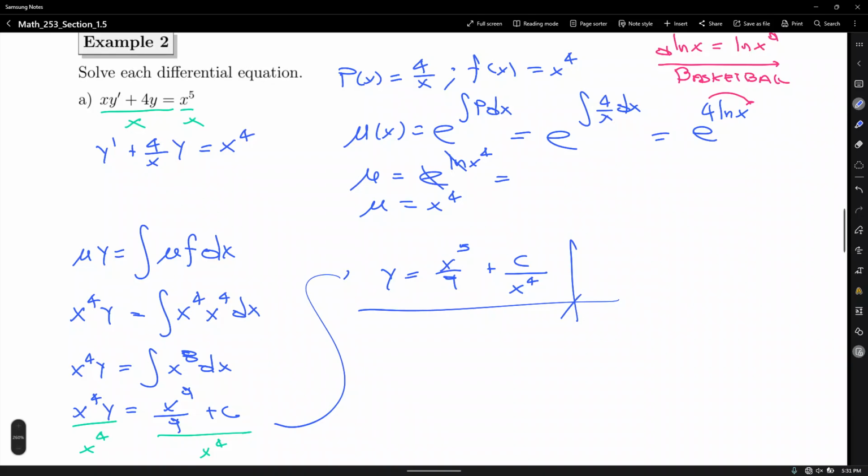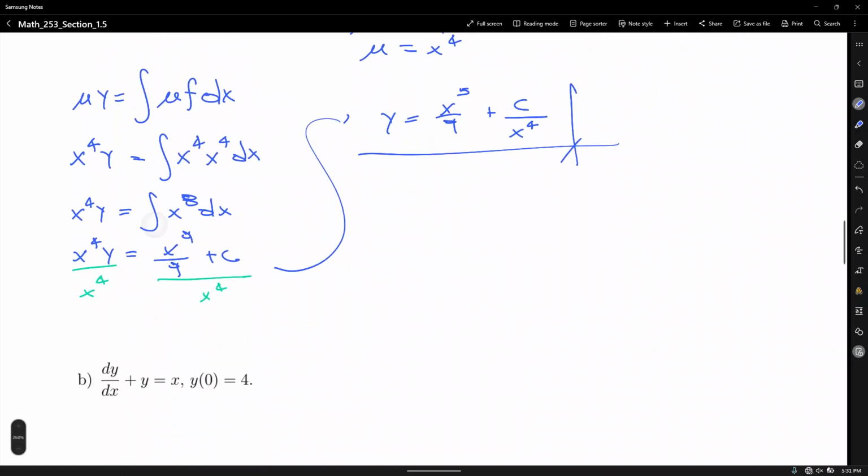So identify P and F, which we had over here, and then find the integrating factor by evaluating e to the integral of the function P. Then, now that we've got mu, our integrating factor, just substitute it in the formula. The rest of the problem is next step, next step, next step. All right? So let's have a look at another example.